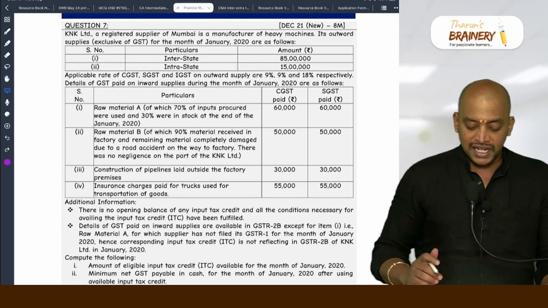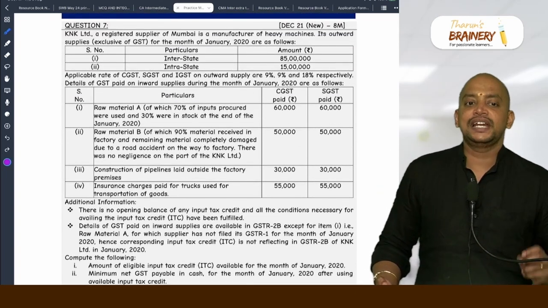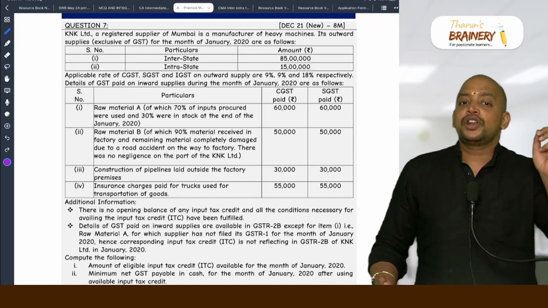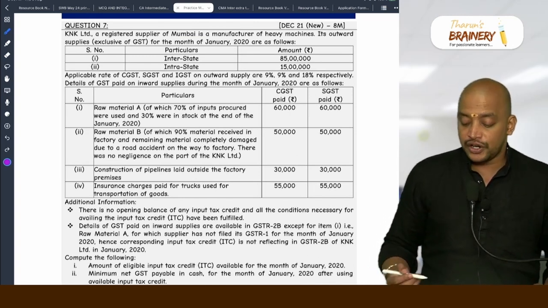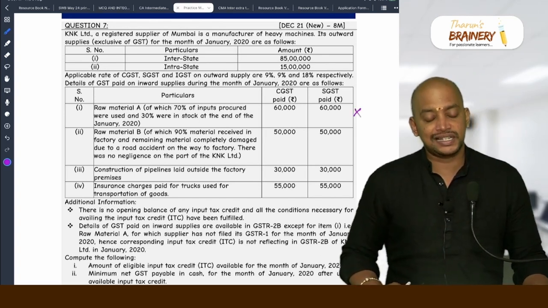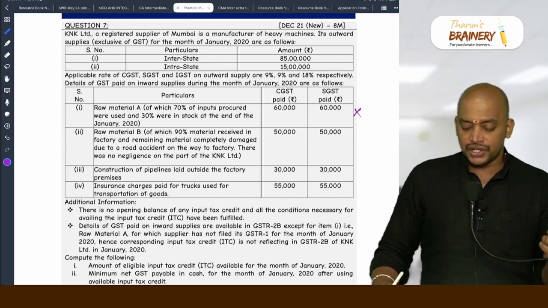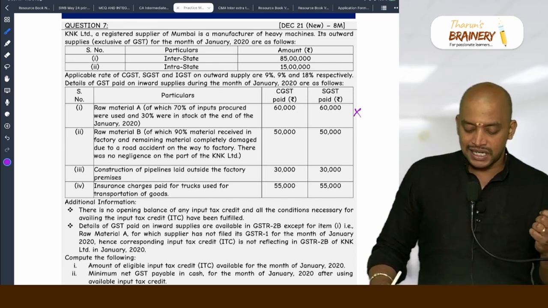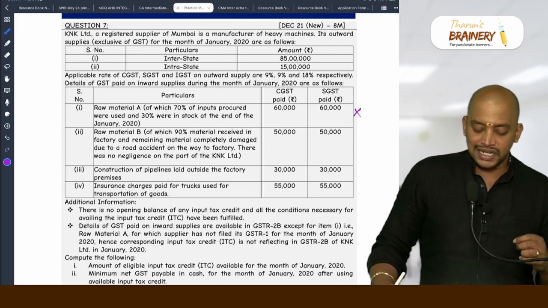Even though we don't have any restriction with respect to raw material A, we can avail ITC, but there is one condition which says that it should be reflected in 2B. As it is not reflected in 2B, can we avail ITC or not? We cannot avail ITC.